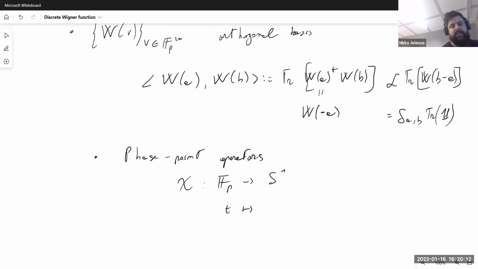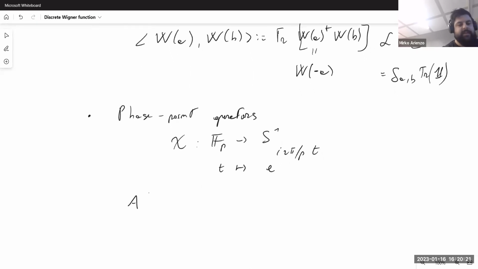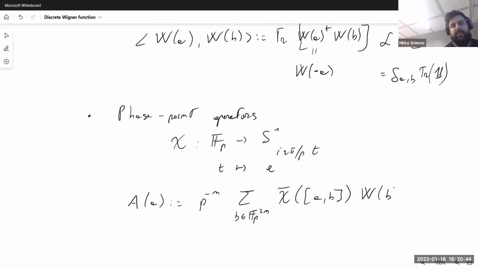So this is just something like e to the i 2 pi over p. And these operators, usually denoted with A, are defined in the following way. We have a dimensional factor, and then we take the sum over all points in the phase space, and then there is this character evaluated on the symplectic form, and then there are the Weyl operators.